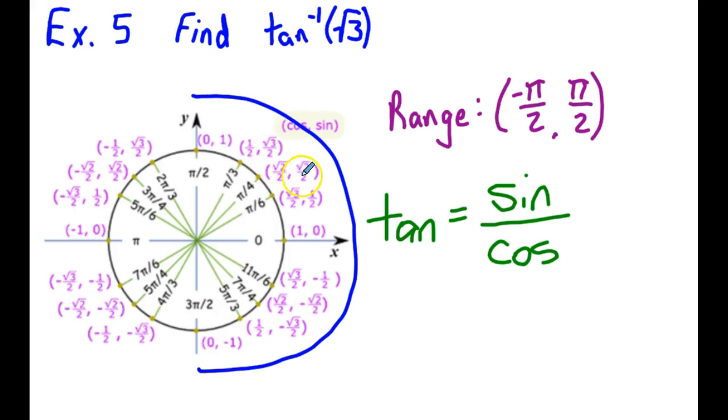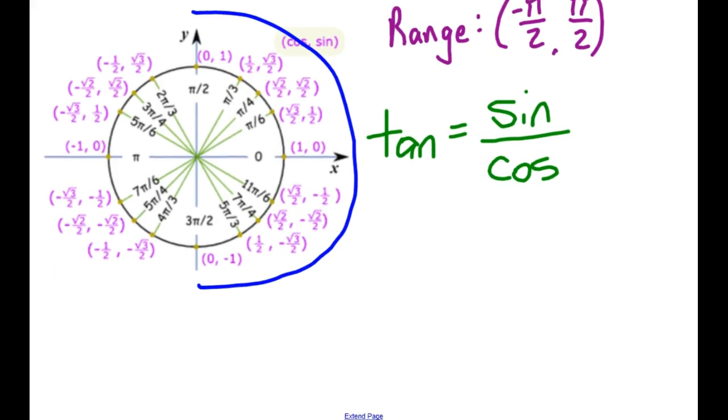So we're looking for the ordered pair such that if we took the value of sine, the y value, divided by the value of cosine, the x value, we would get an answer equal to radical 3. If we look in the first quadrant, we have 1/2 and radical 3 over 2.